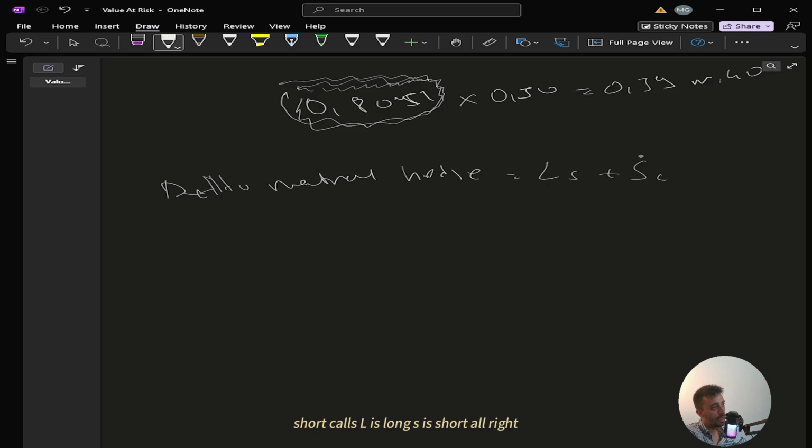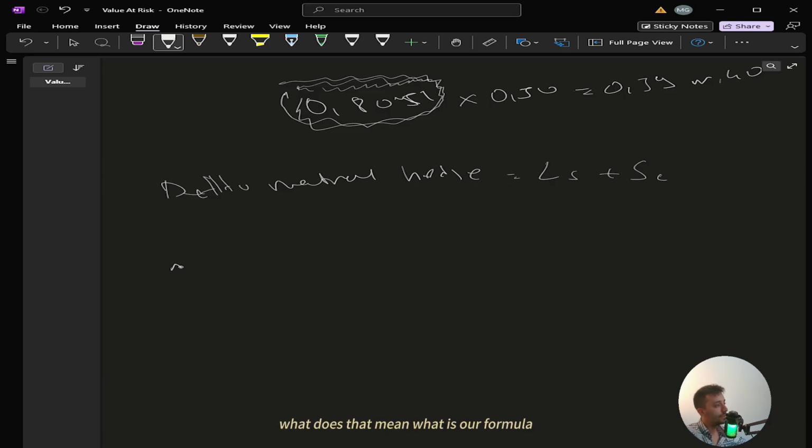L is long, S is short. So the portfolio value doesn't change as the stock price changes. Understand here, please: portfolio value doesn't change as stock price changes.